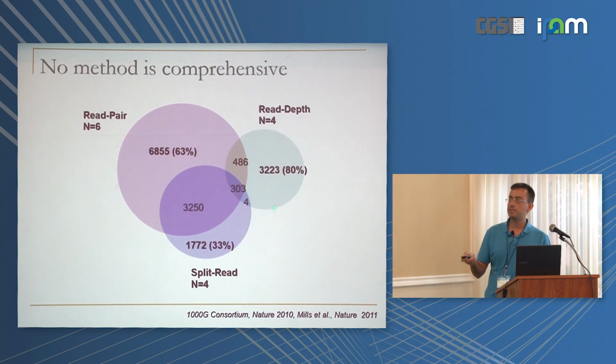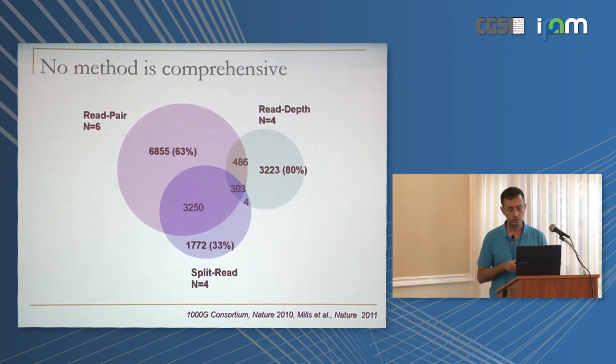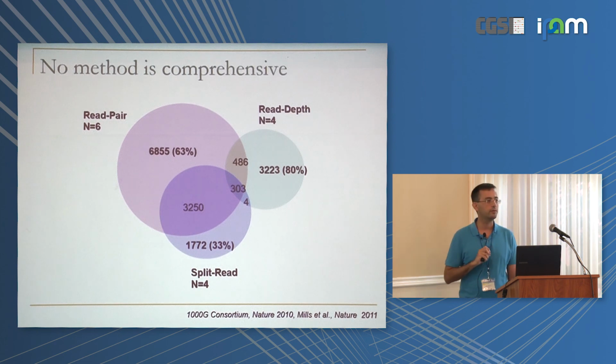So 6 algorithms that used read pair method are here. 4 algorithms that used read depth are here. And 4 algorithms that used split read are here. And again, we see very little intersection between them. And I have heard before that people refer to this slide as the terrible Venn diagram.